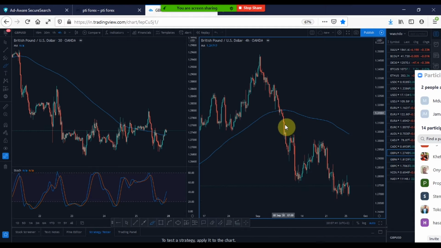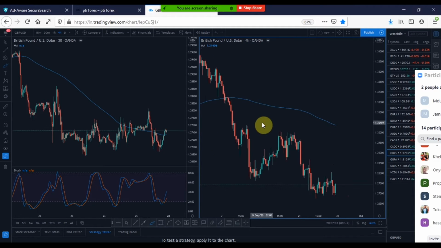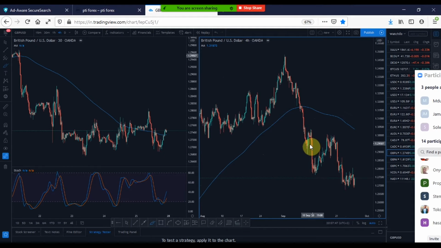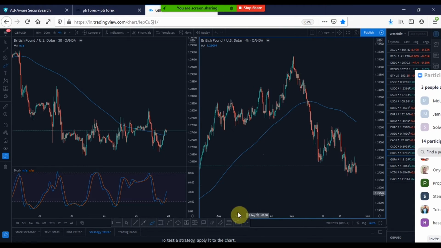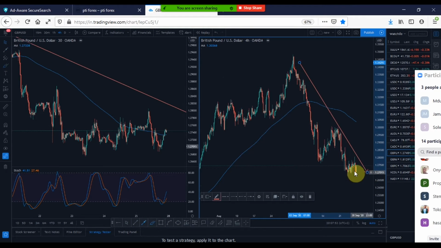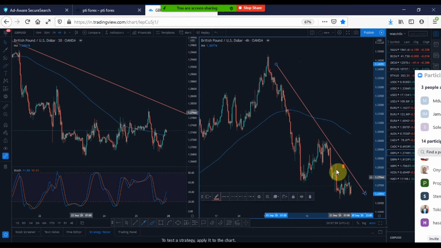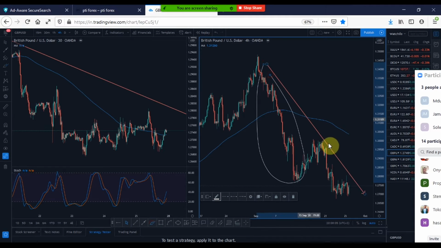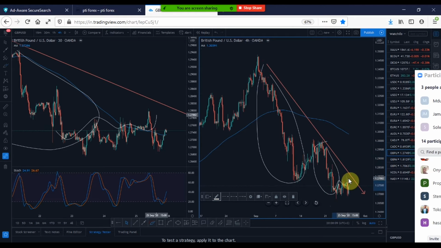So okay, let's analyze this pair. Looking at our higher time frame here, we can see that we had a seller's market, as the sellers took the market up there, and they are down here. But looking at this move right now, you can see that we have this very huge impulsive wave, and then we have this next wave, and now it's the beginning of a corrective.